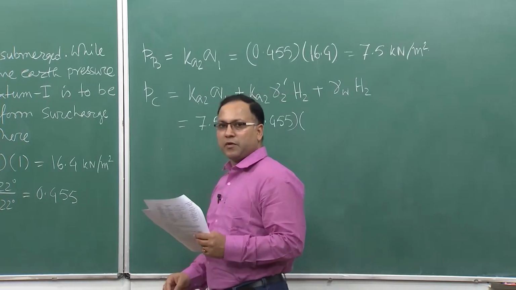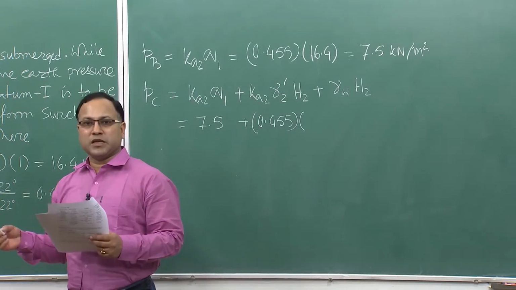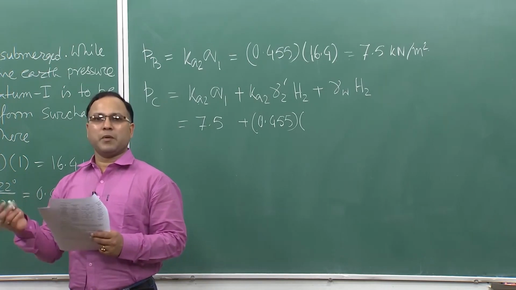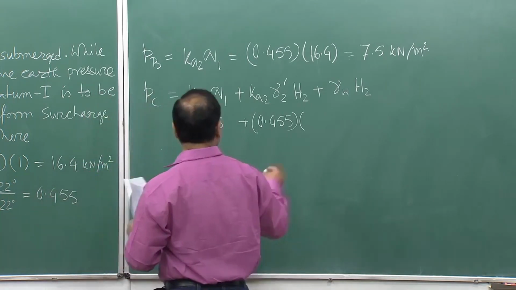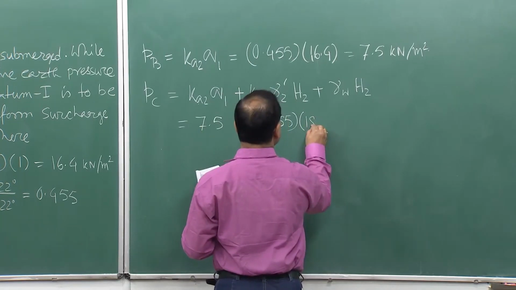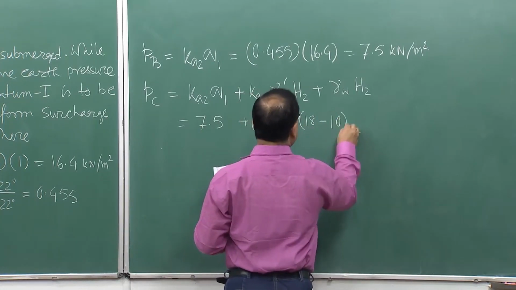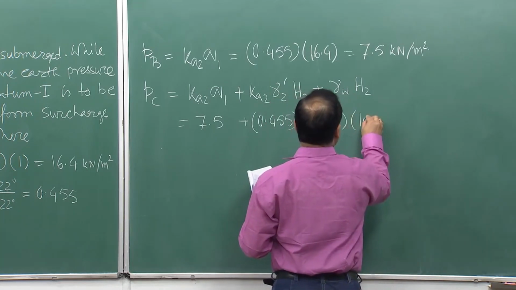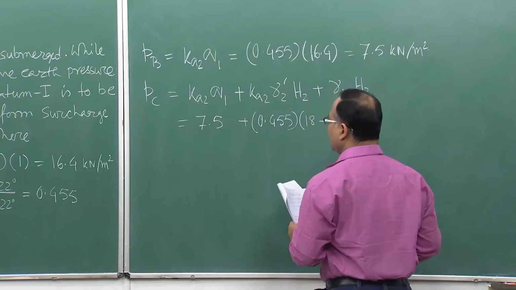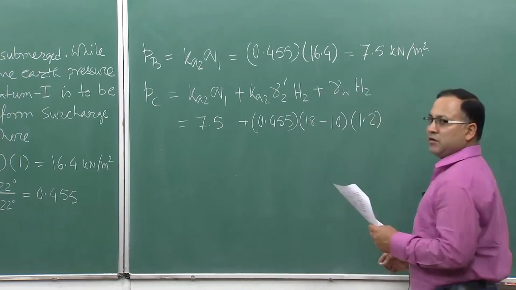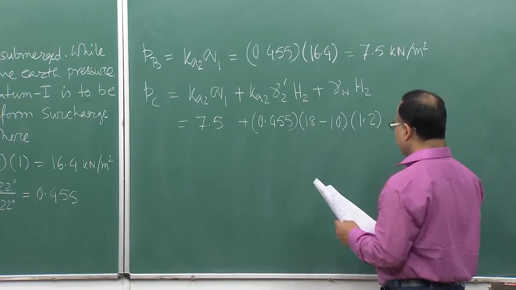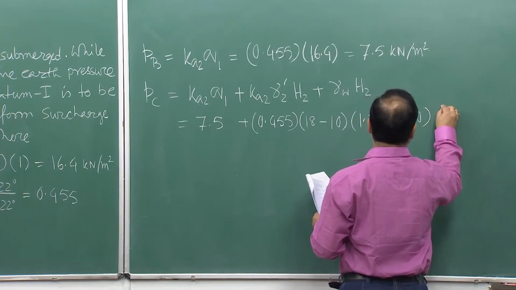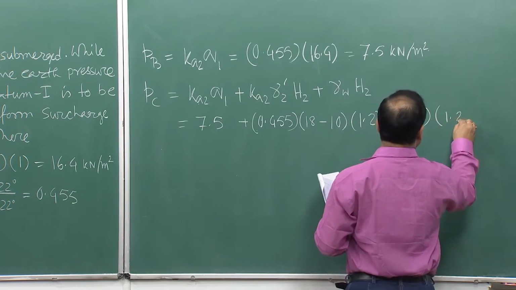So, how can I find out gamma 2 prime? I have gamma saturated, right. So, gamma saturated minus gamma W will be equal to gamma prime, that is gamma submerged. So, gamma saturated is given as 18 if you look at the problem, and gamma W we are considering 10 kilonewton per meter cube, and H2 is 1.2, that is the depth of stratum 2, plus water pressure, gamma W is 10 and H2 is 1.2.